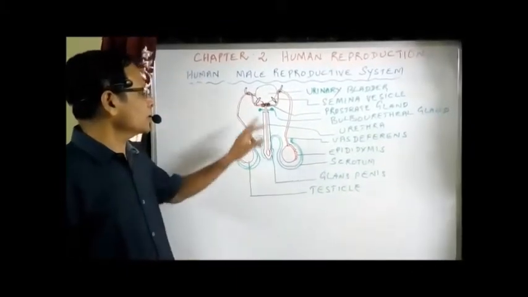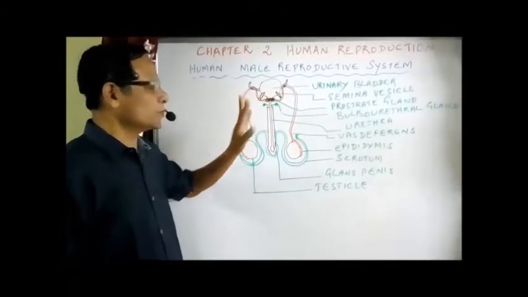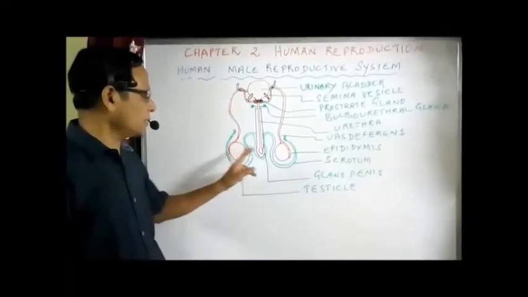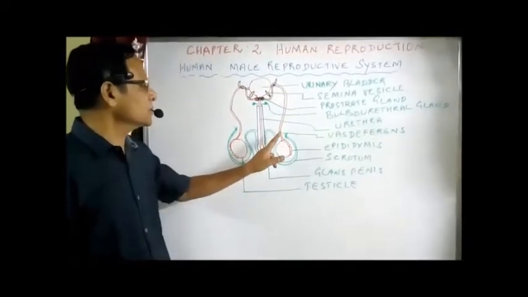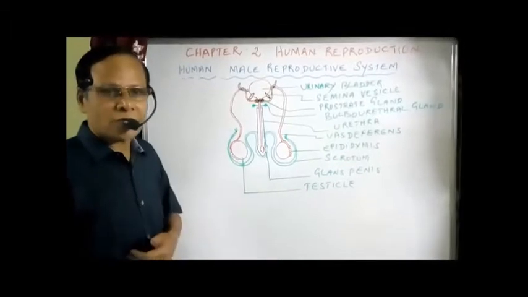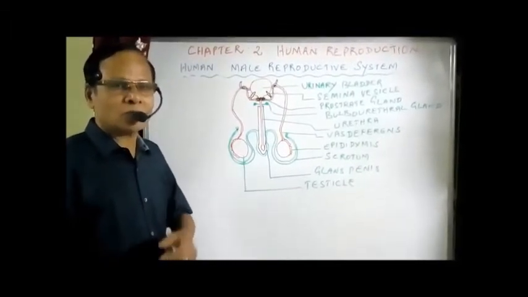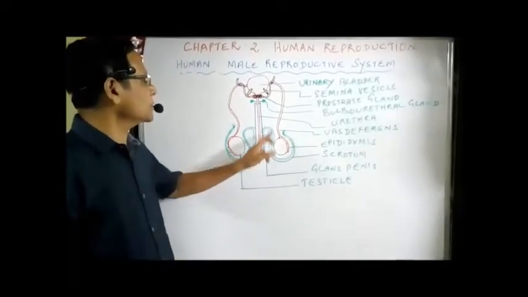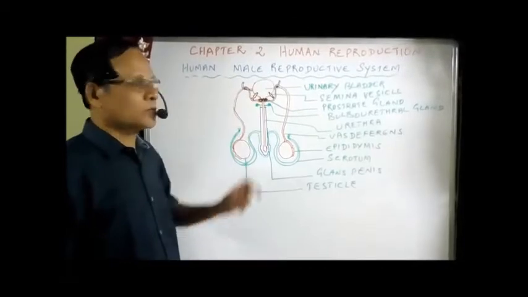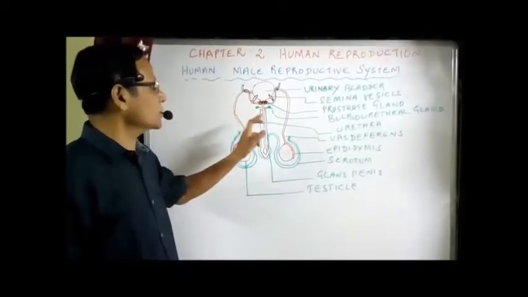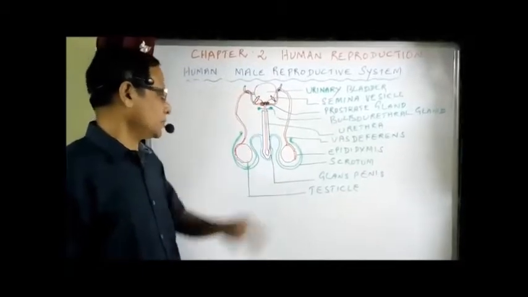So we have three glands: the prostate gland, two seminal vesicles and the bulbourethral glands. Then we have a pair of testes, the highly coiled epididymis, and the vas deferens, moving up through the inguinal canal. There is a canal between the scrotum and the abdominal cavity called the inguinal canal. It passes up through the inguinal canal and joins the urethra. Before joining the urethra, it receives a duct from the seminal vesicle.